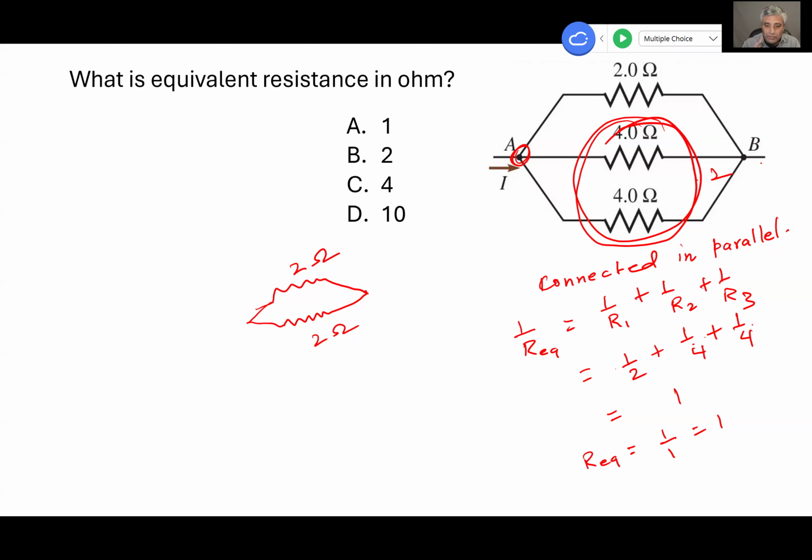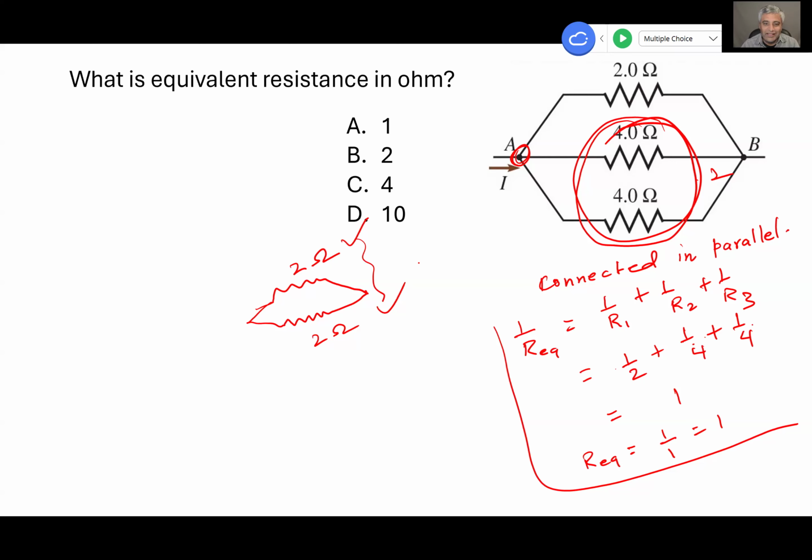Okay, so the combination of these two gives you 2. How do I know that? Both of them are equal. And when we connect two equal resistors in parallel, the result is going to be half of one of those. So half of 4 is 2. So now what do we see? We have 2 and 2.